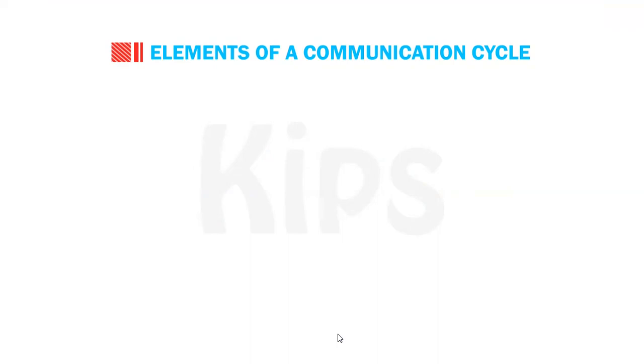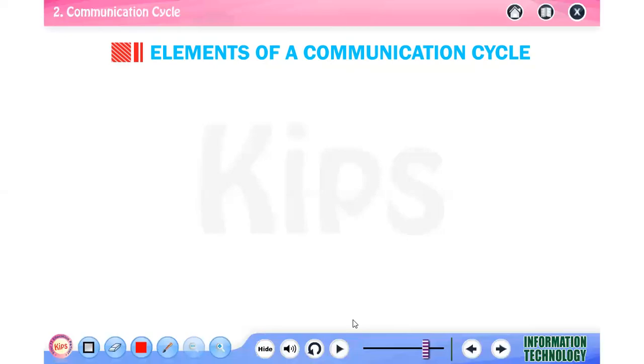That means decoding is how the receiver takes the message from the sender, how he reacts, what his reaction is after receiving the message, and whether he can relate the things with his own idea or not.